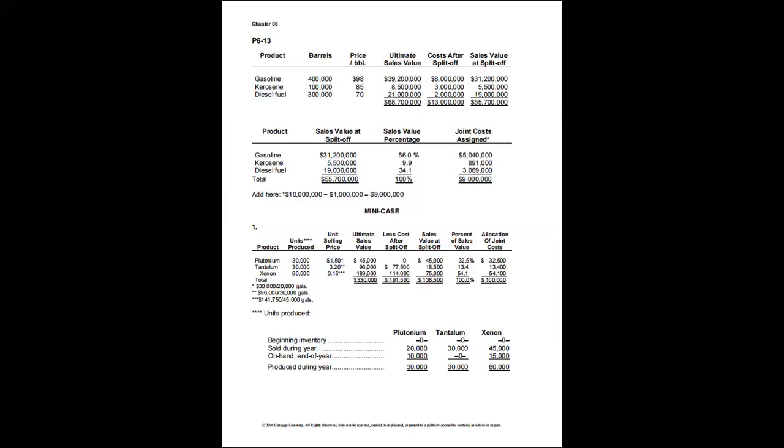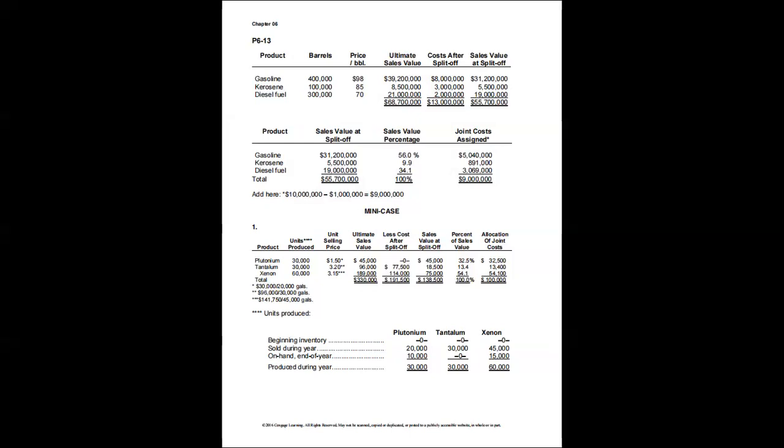So the ultimate sales value, we now have 45,000, 96,000, and 189,000. Less cost after split off. Plutonium 0, tantalum 77,500, and xenon 114,000.